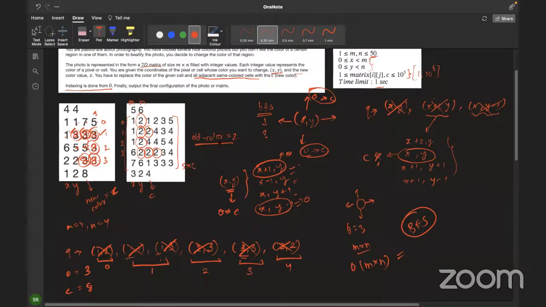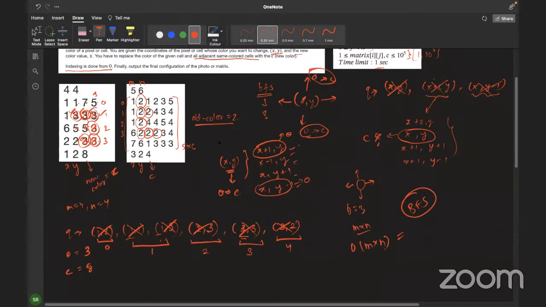So yeah, the question then changes a bit, but the main crux remains the same, that we still need to apply BFS on this question, right? Earlier we were checking just 4 adjacent cells. Now we're checking the 8 adjacent cells.